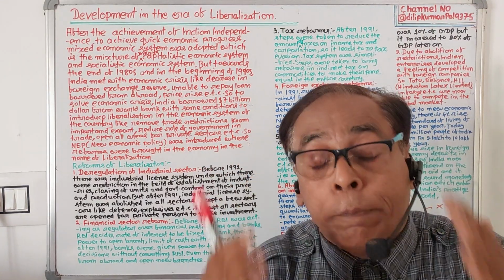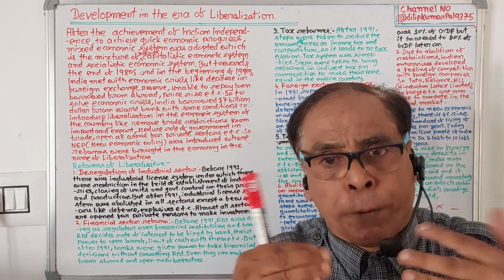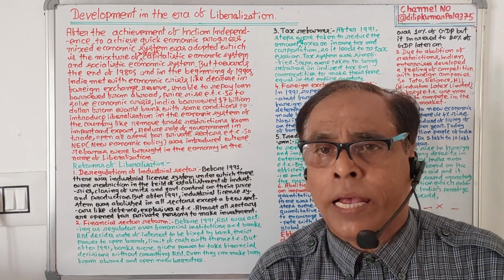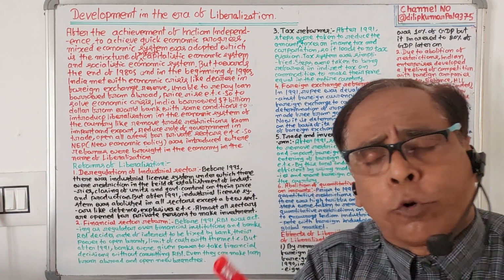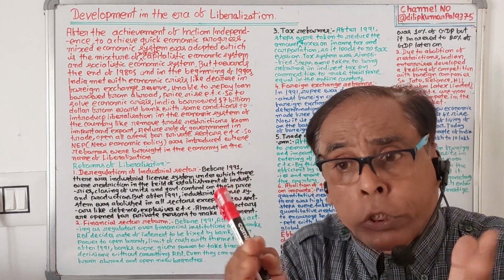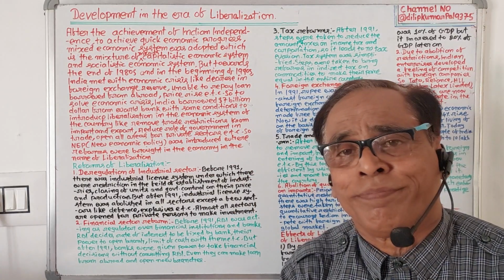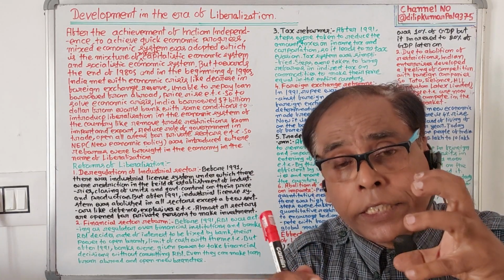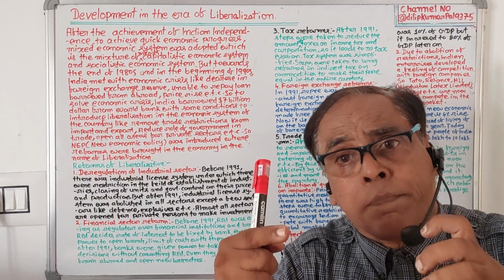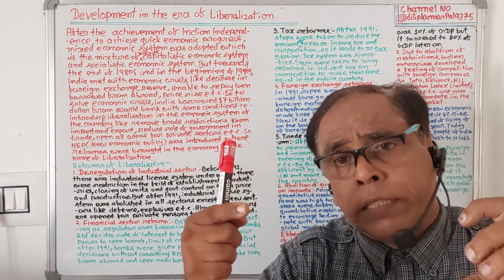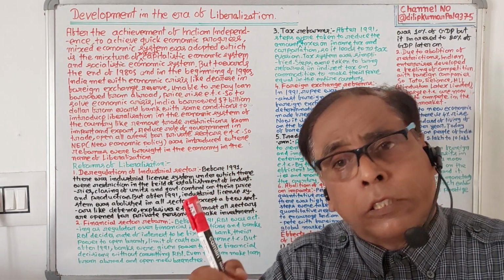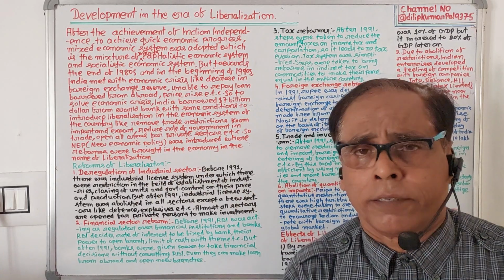When India got independence on 15th August 1947, to make quick economic progress, a mixed economic system was introduced, which was the mixture of merits of capitalist economic system and merits of the socialist economic system. By the mixed economic system, India developed a lot.